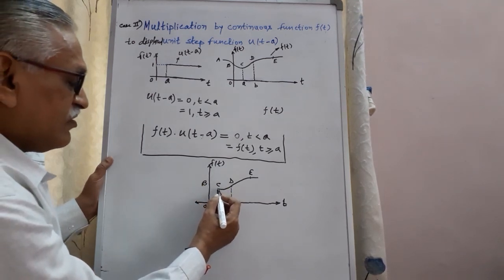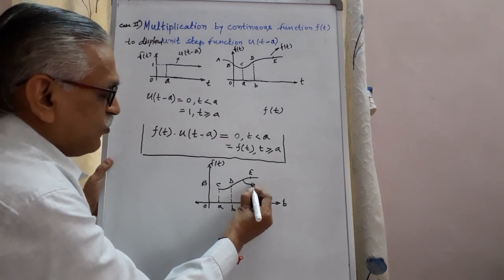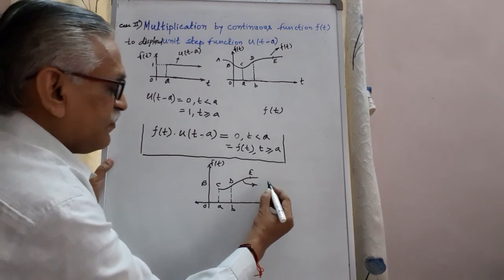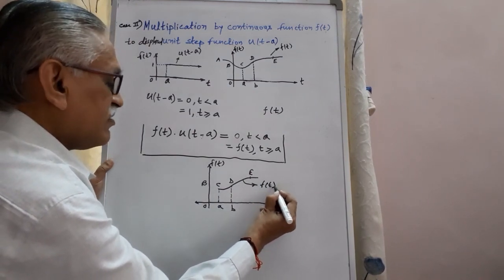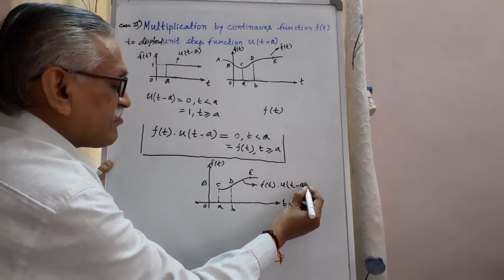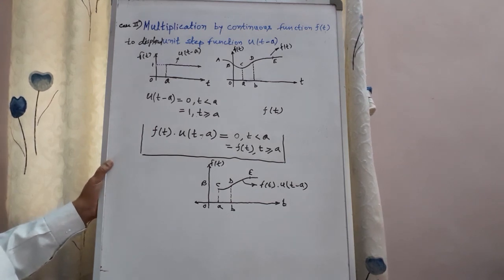Therefore, this curve from C to E, or the portion of that f of t between C to E, represents the product of f of t into u of t minus a. Therefore, this is case second.